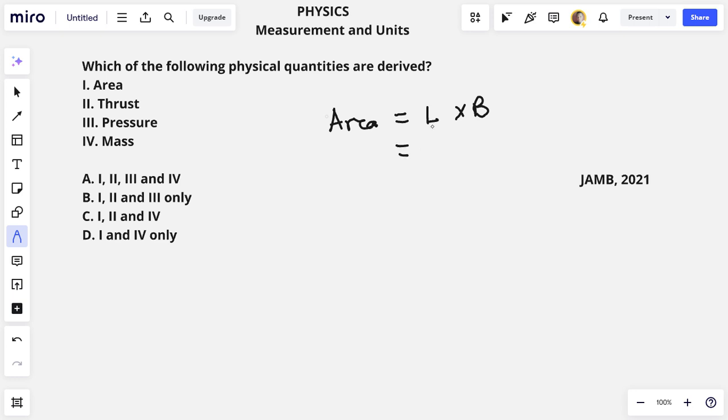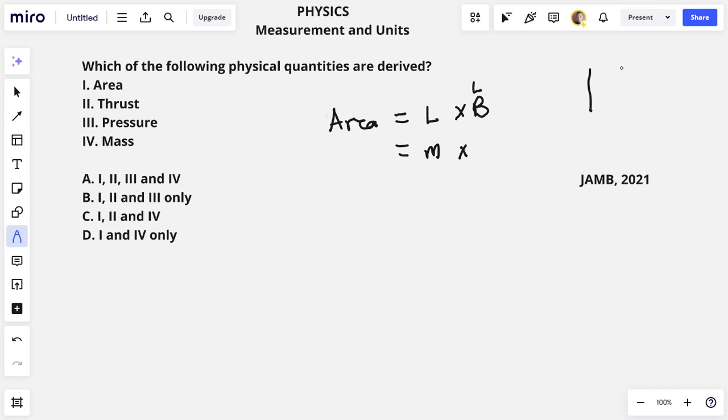And then in this area, the unit for measuring a length is meter, which is a fundamental unit because you can't find any other kind of unit in the unit meter. And then breadth is also a length on its own, because you are measuring the vertical length.